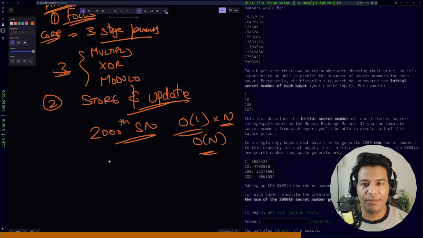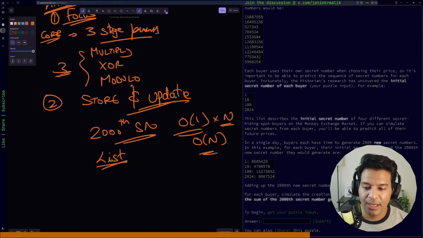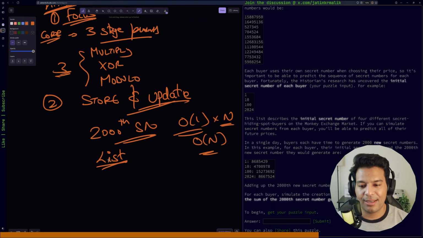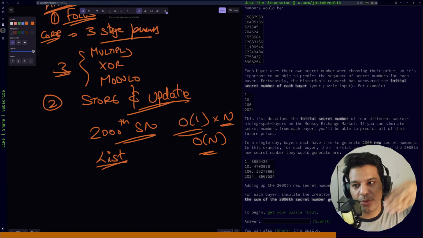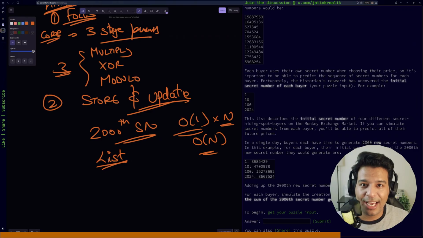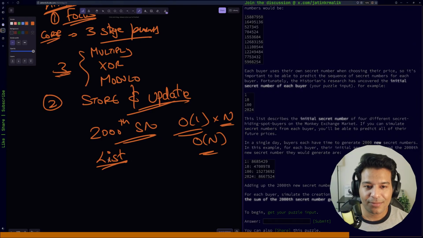To do this, one of the simple things that comes into my mind is just maintaining a list. You can also maintain a dictionary, but using a list, you can be very clever and based on how you are reading your input, you can just assign the same index of the initial seed number into your list, and then you iterate through your list, do a 3-step process 2000 times, and you will have your answer. And I think this is pretty much it.